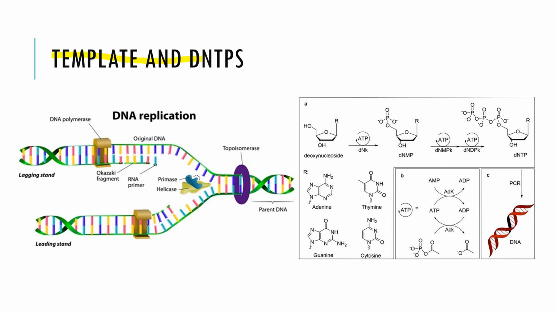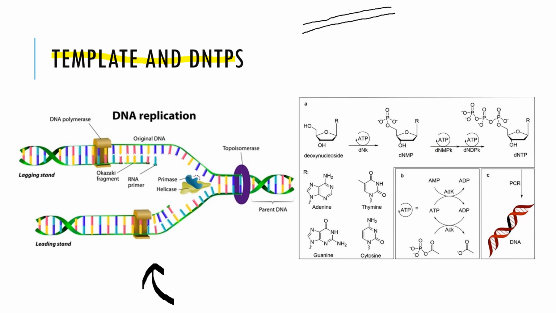As you can see in the first diagram, the template means one out of the 2 strands. Before the process of DNA replication, the DNA was like this, so the template is available.